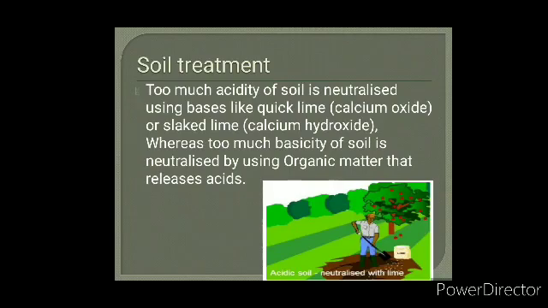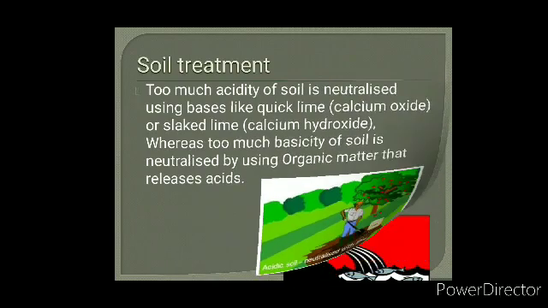Organic matter releases acids which will neutralize the basic nature of the soil, and if it gets neutralized, then our plants will grow much better. For this, we need to treat our soil. We need to neutralize the soil. If the soil is too acidic, we need to add some base. If the soil is too basic, then we need to add some acid to it.